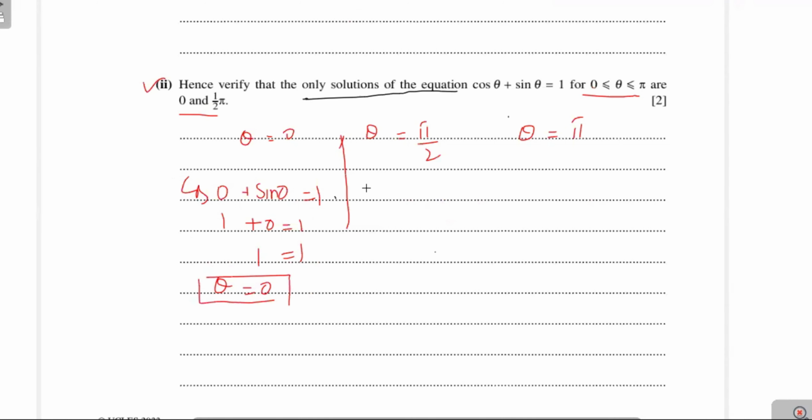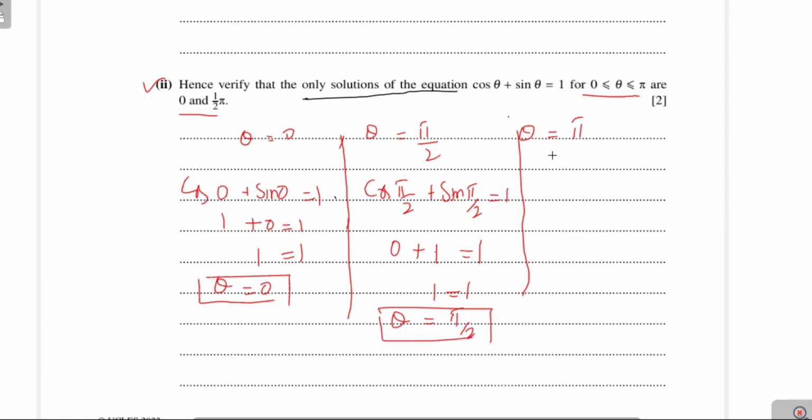And next we check cos pi over 2 plus sin pi over 2 equal to 1. You see here cos pi over 2 is 0 and sin pi over 2 is 1, and 1 equal to 1, and this also means theta equal to pi over 2 is a solution.